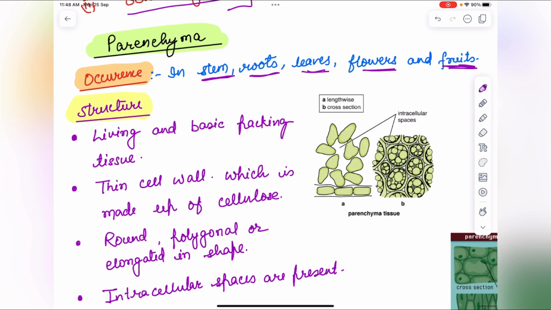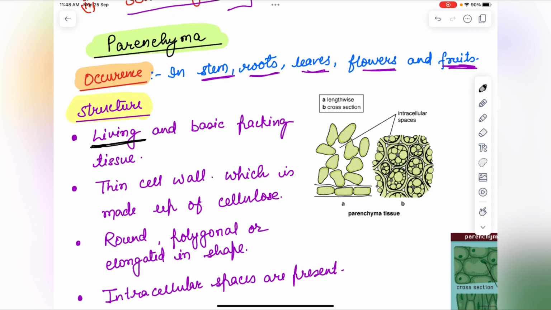Now next we'll see the structure of the parenchyma. They are living tissue, which means they are living in nature, not dead cells, and they form the basic packing tissue. It helps in packing the tissues, and consists of relatively unspecialized cells.